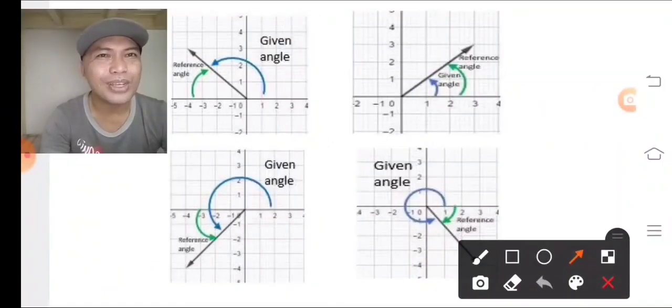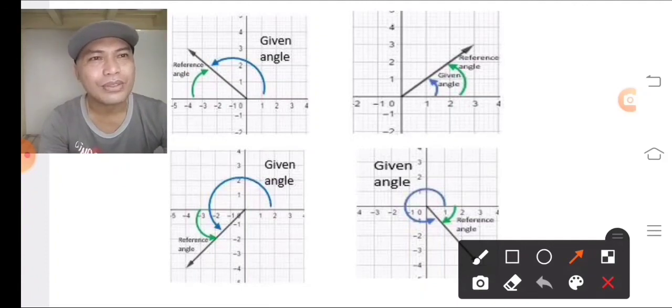In this illustration, we can easily identify the reference angle and the given angle. Angles in blue color are the given angles, and angles in green color are the reference angles.